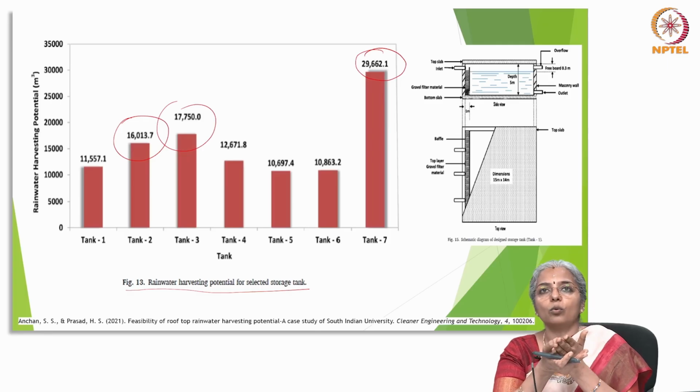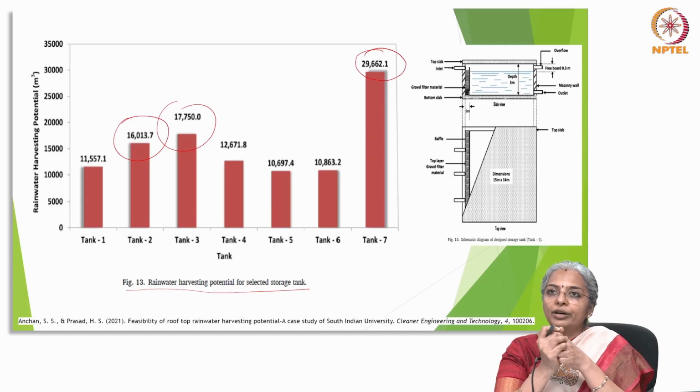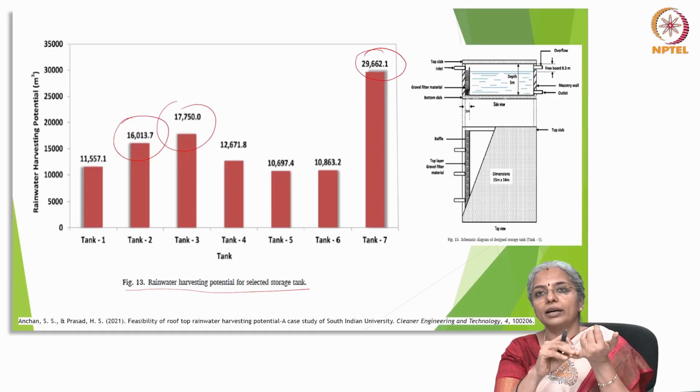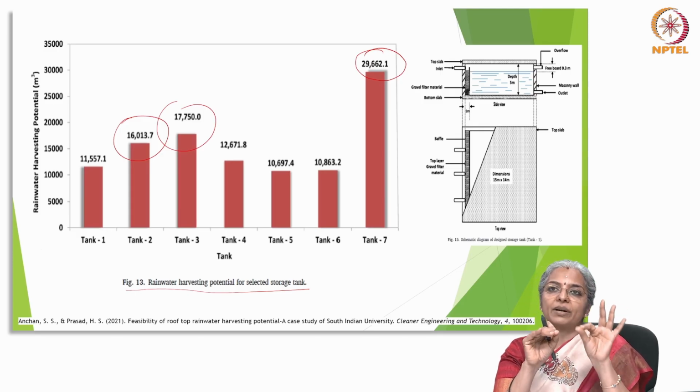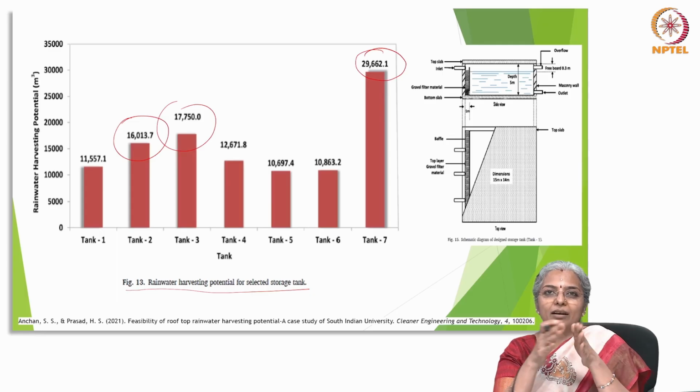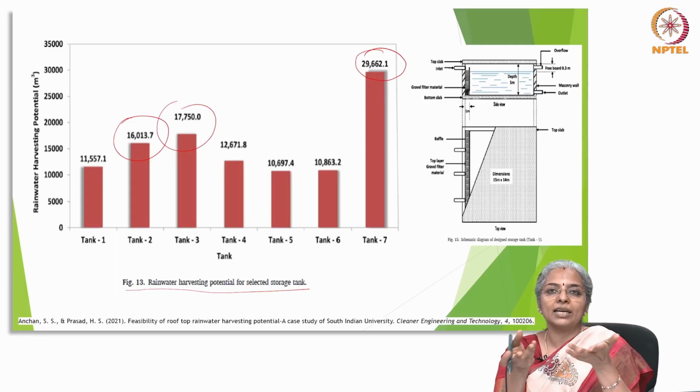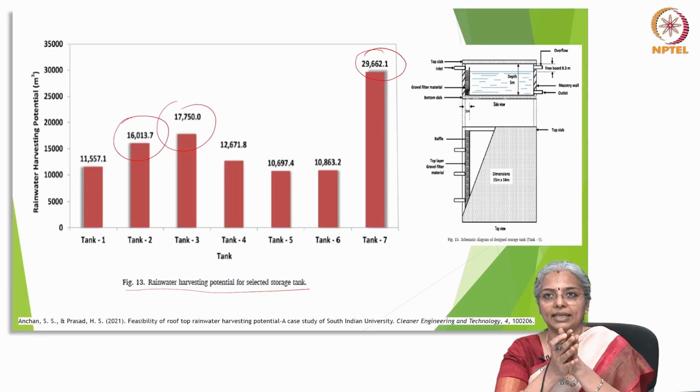Also, the water quality was deemed suitable after doing all the tests. It was suitable for non-drinking uses like gardening, washing, cleaning, based on simple pre-filtration, like removing the sediments or leaves or paper and things like that.